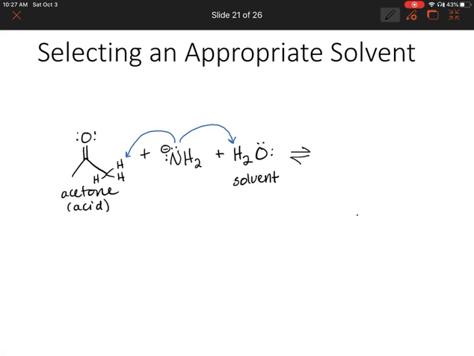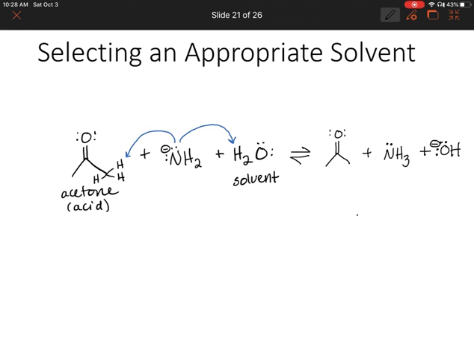If NH2 takes a hydrogen from water, then we would be left with acetone again, because NH2 won't take anything from acetone. NH2 would gain a hydrogen, so we would end up with NH3. And then water would become the hydroxide ion after its loss of a hydrogen.